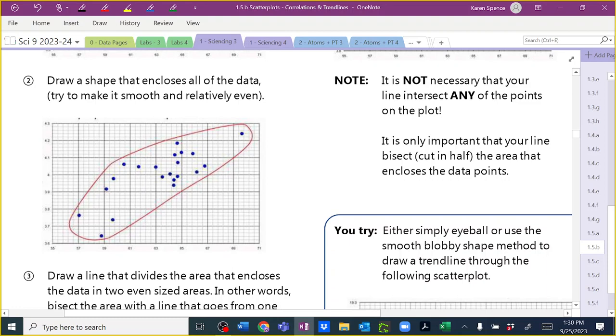So you kind of just draw a shape around where all the data is, getting as close to the points as possible. Then you're going to draw a line that divides that area into two even-sized areas. So two areas with the same amount of space in them. Okay?